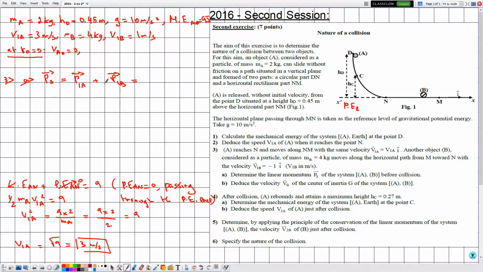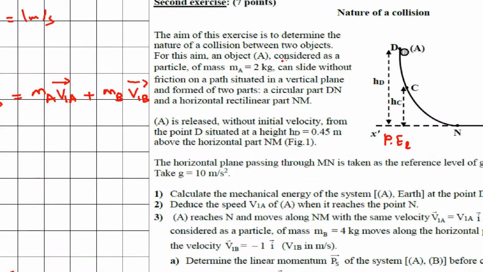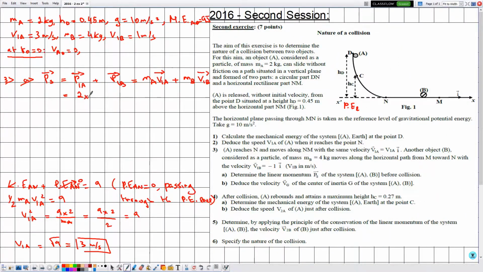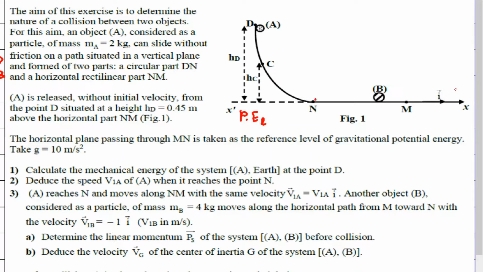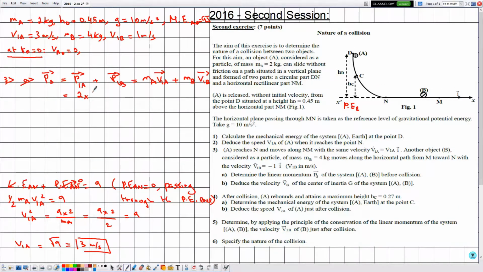Now P1A is the linear momentum of A, which is given by the mass multiplied by the velocity, so it's given by m_A multiplied by v1A, and the vector quantity, which is the velocity, must have the vector sign above it. And regarding P1B, it is the linear momentum of B, so it's the mass of B multiplied by v1B. Now the mass of the object A is given by 2, and the velocity is given by 3, so this is the magnitude, but notice that it's moving along the x-axis from N to M in the positive direction, so it's simply plus 3i.